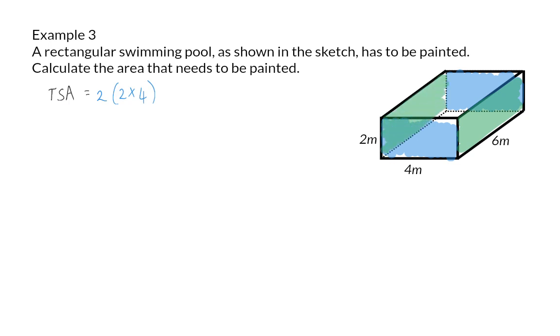So next up we add 2 rectangles of 2 by 6 meters. And lastly, we have the bottom of the pool, which is a 4 by 6 rectangle, and this time it's not repeated at the top. So now we add 1 4 by 6 rectangle. So the total surface area of this swimming pool is 64 meters squared that needs to be painted.